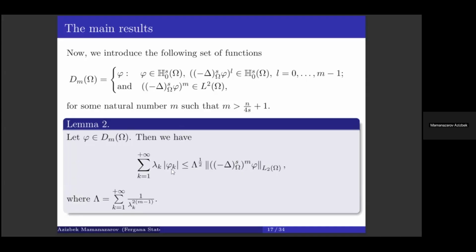This gives us the convergence of the series on the left-hand side of this inequality. Here, lambda is a series using Weyl's asymptotic formula. One can see that this series is convergent. So, using this, we can conclude that the series on the left-hand side of this inequality also converges.